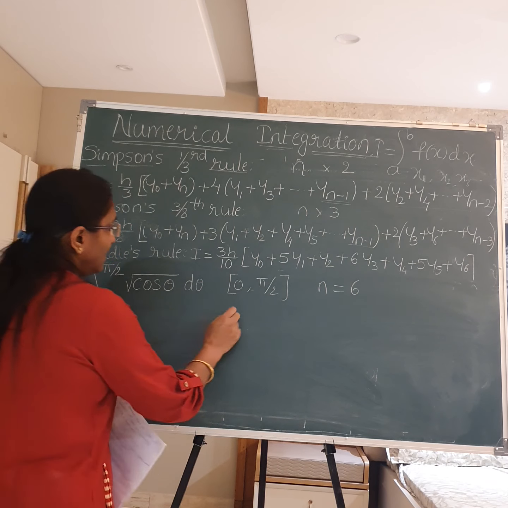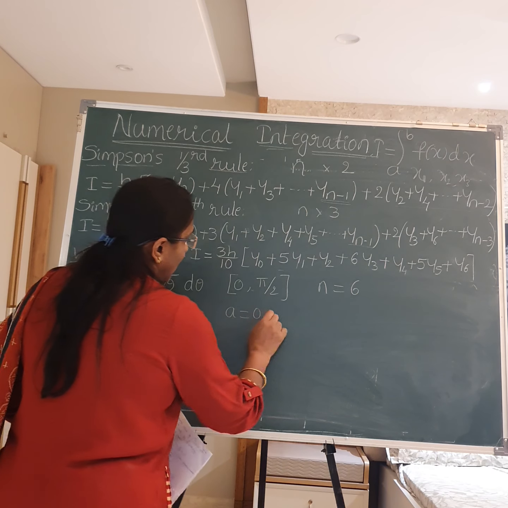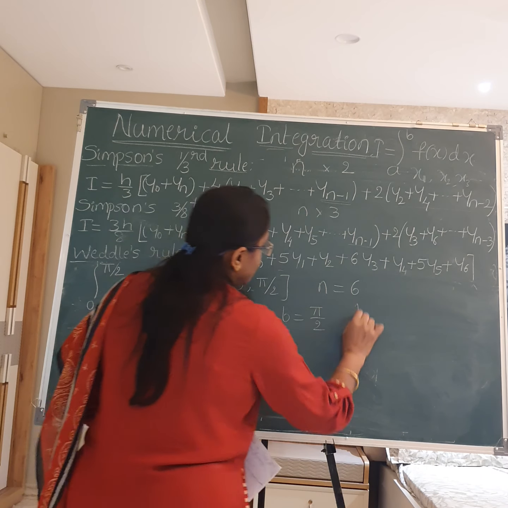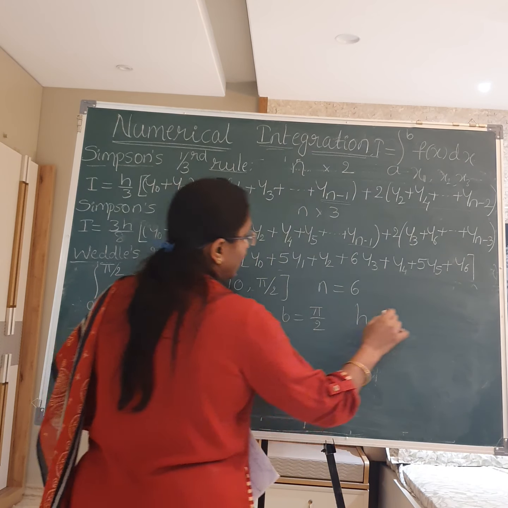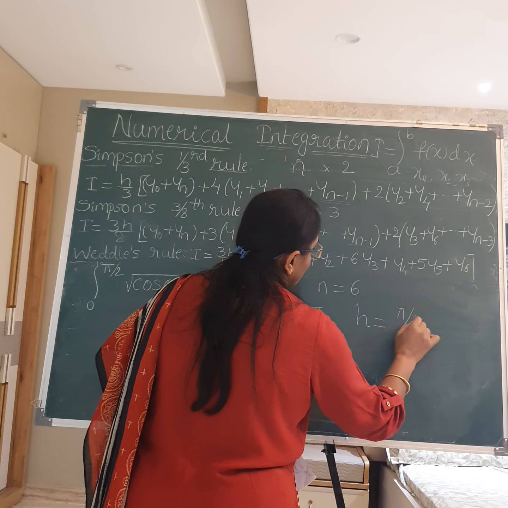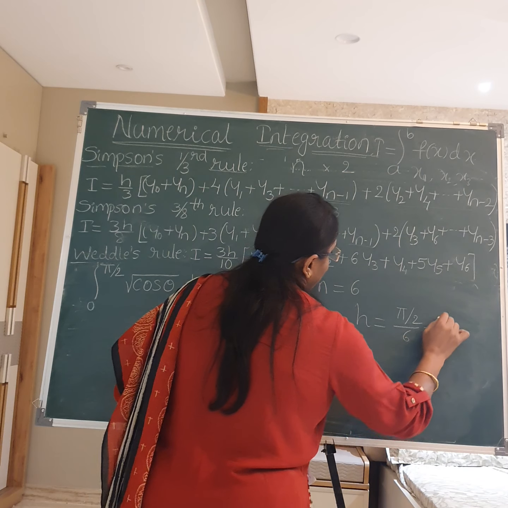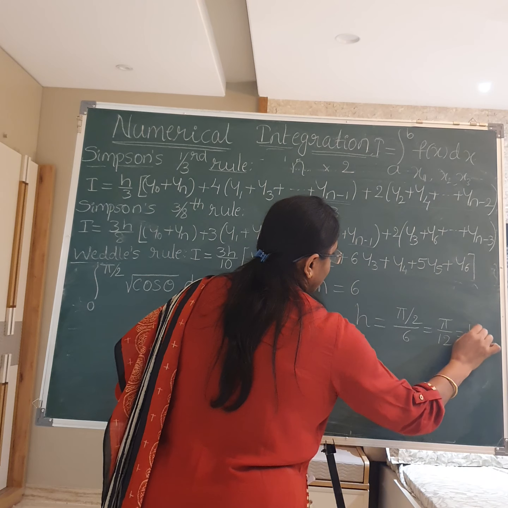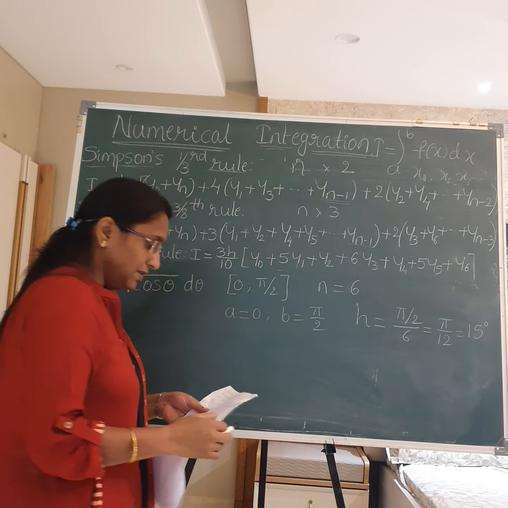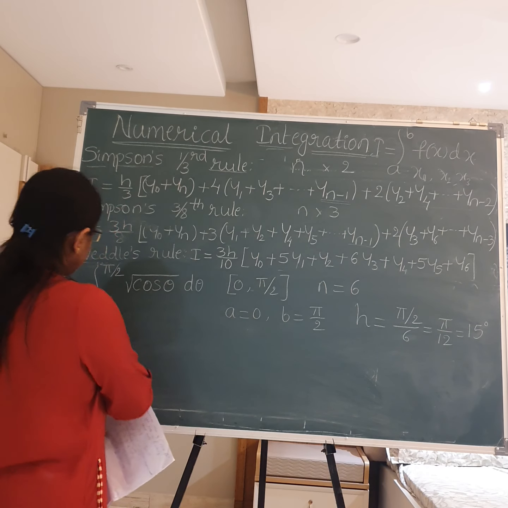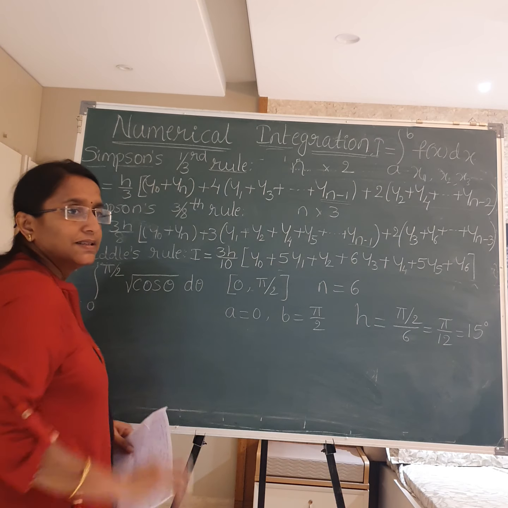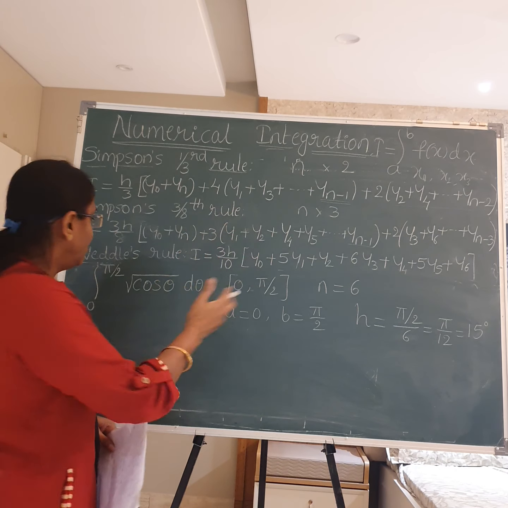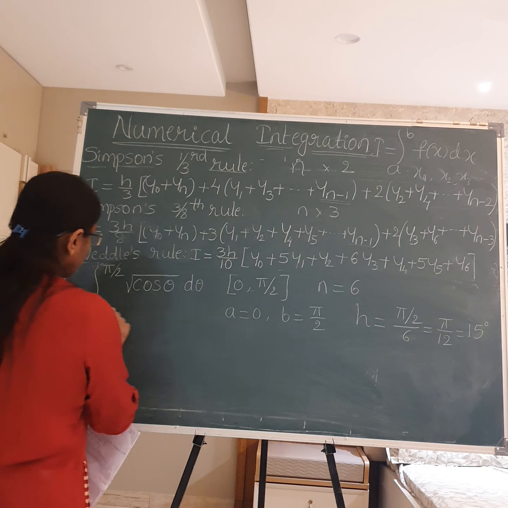What is a? a is equal to 0 and b is equal to pi by 2. So h is equal to b minus a divided by 6, that is pi by 2 by 6, pi by 12. So pi by 12 is 15 degree. Pi by 2 is 90 degree. So 0, 15, 30, 45 up to 90 we have to write.